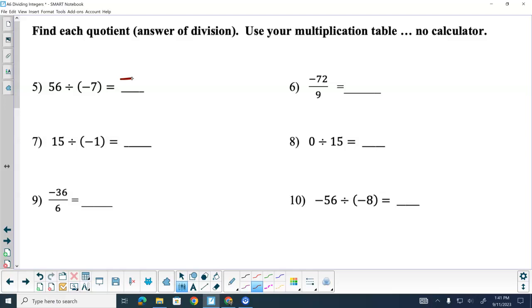If I go down the 7 column, I get to 56 right here, and I go across and get 8. So 56 divided by negative 7 is negative 8. With me?